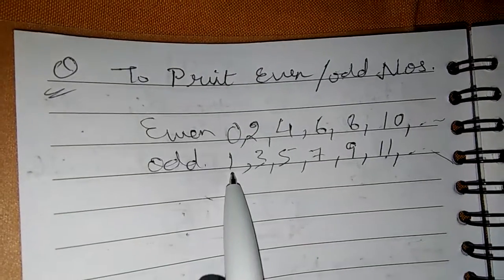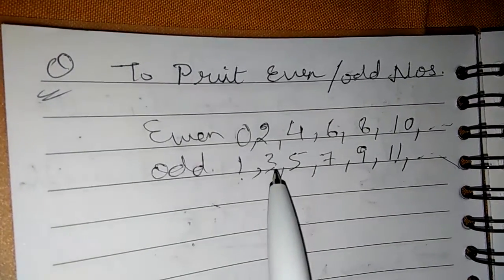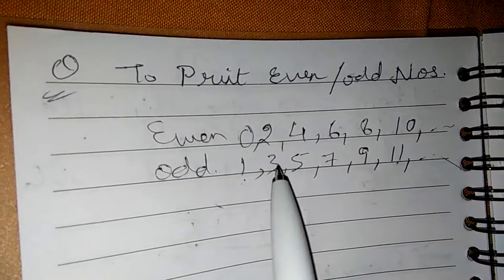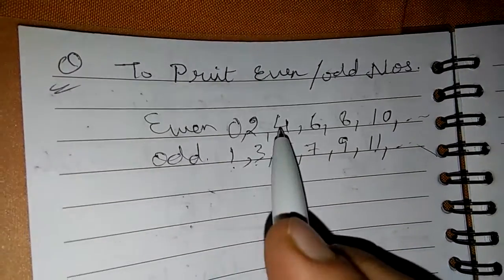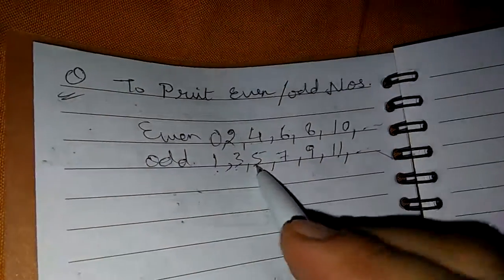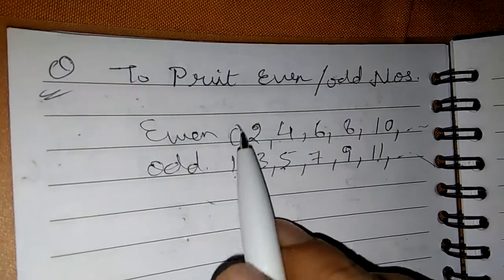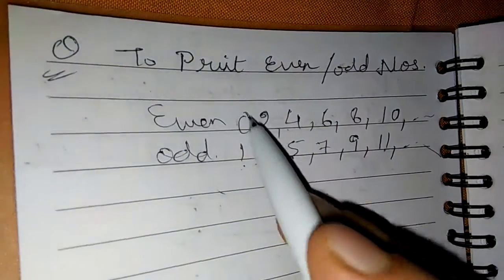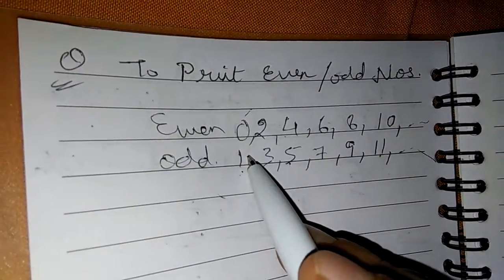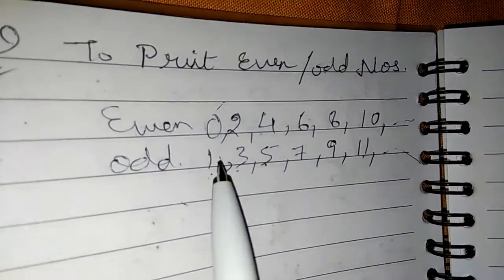You can easily see whichever number is not even is odd. 0, 1, 2 is even, then 3 is odd, 4 is even, and then 5 is odd.